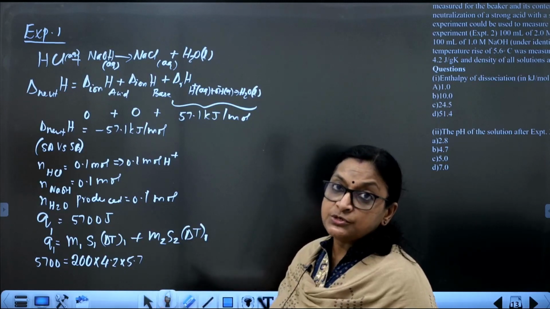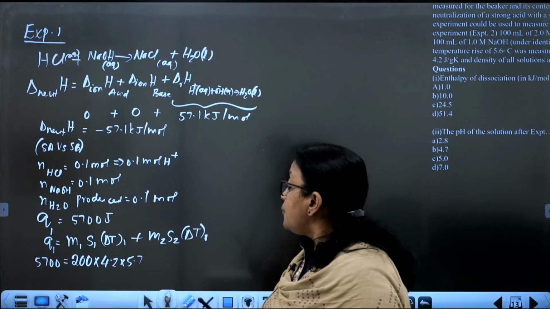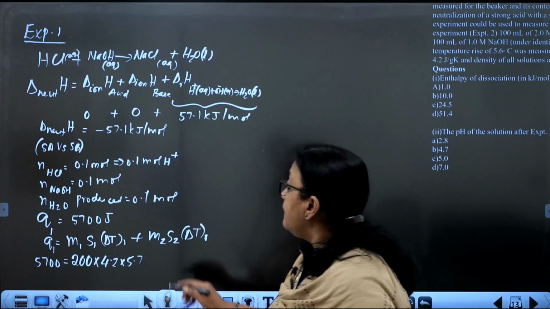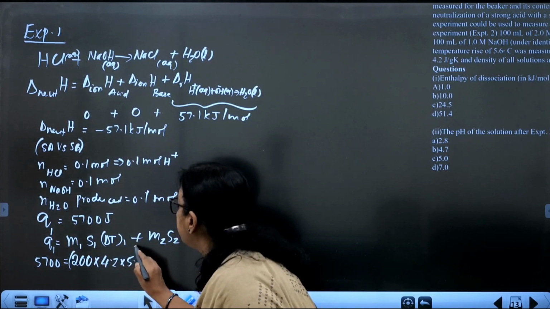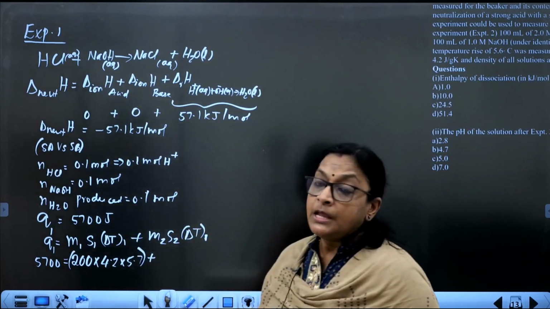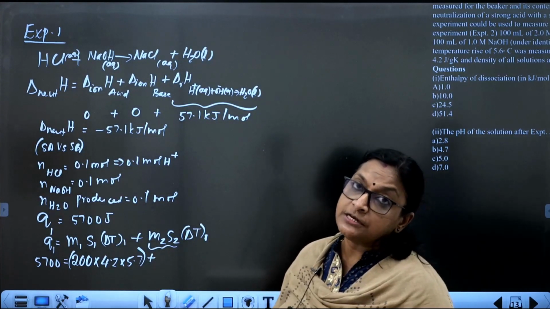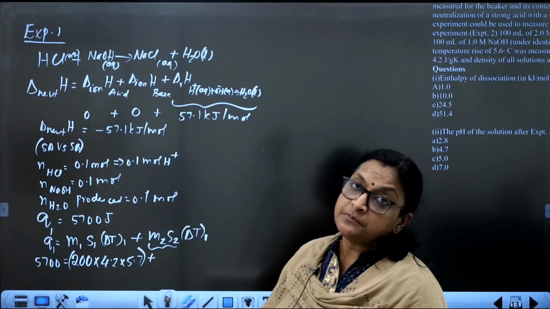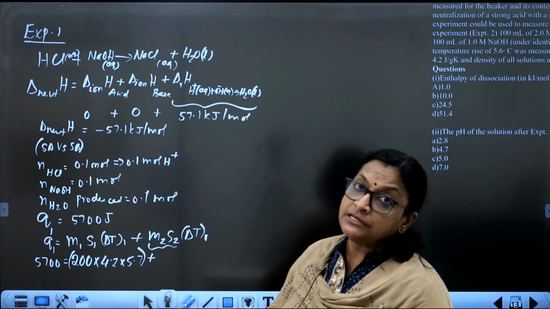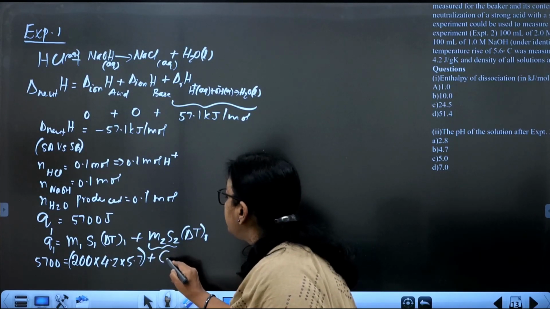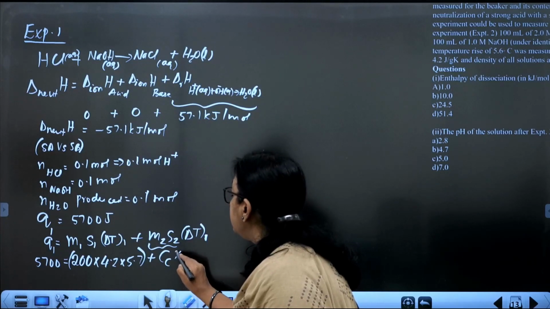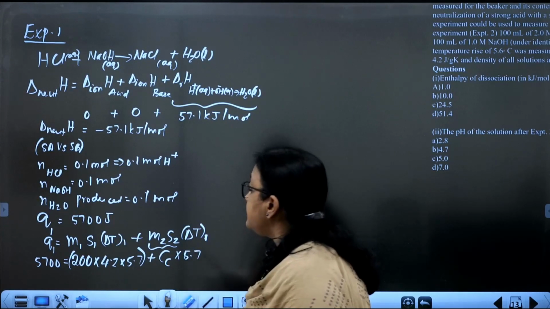So 5,700 equals 200 into 4.2 into 5.7 plus m2 s2, the calorimetric constant, which is the mass of that calorimeter material into specific heat, into 5.7.